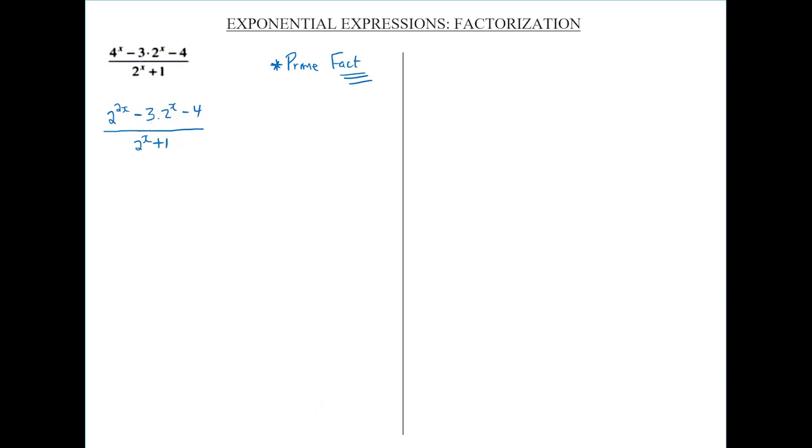But how do you know which type of factorization you need to use? You focus on the exponents. The exponents that we have here are 2 to the power 2x and 2 to the power x. Look at their powers: this one is 2x and this one is 1x, right?